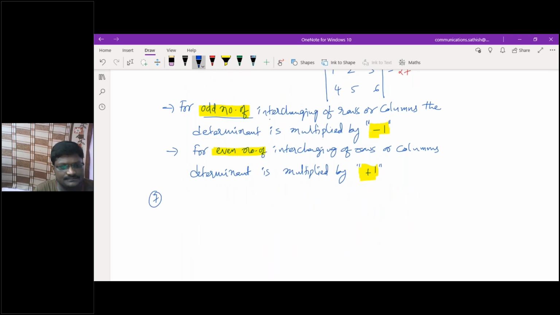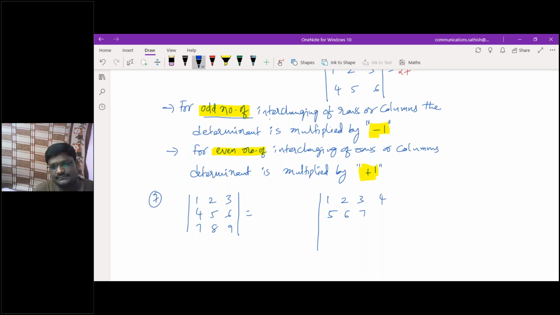Next point, the seventh point. What's the determinant of this matrix: 1, 2, 3, 4, 5, 6, 7, 8, 9? Zero, sir.